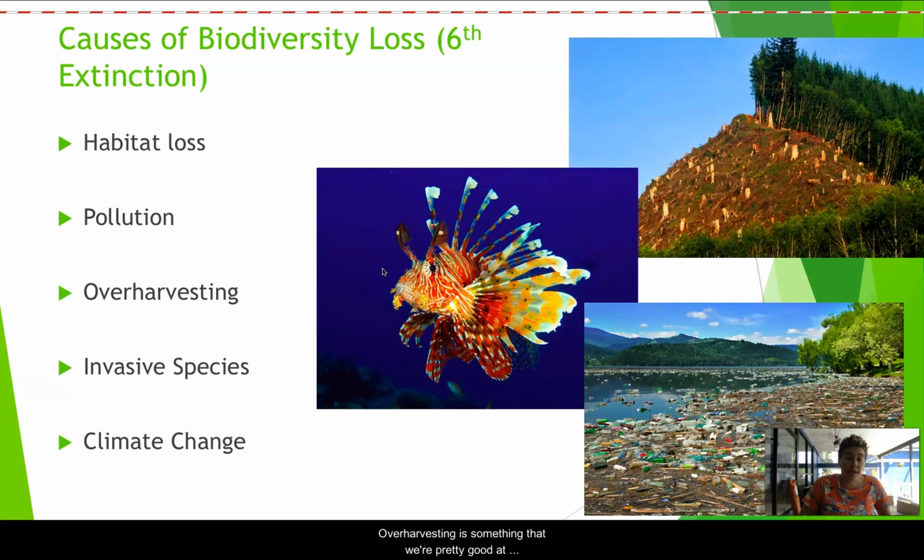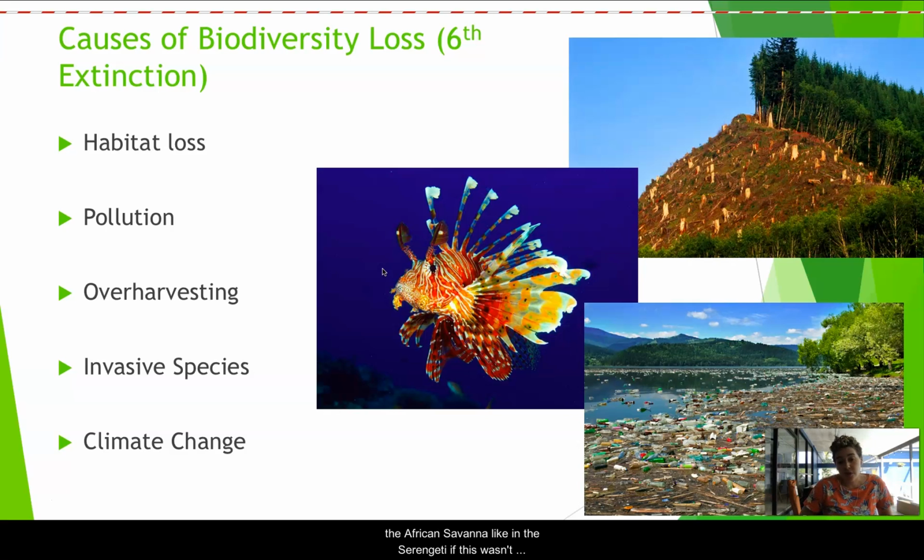Overharvesting is something that we're pretty good at because it turns out that regulating our use of resources isn't one of our best skills. And some of the biggest issues we have with overharvesting have to do with poaching. Poaching is contributing to our illegal global trade of wildlife, and that industry surpasses $20 billion per year.